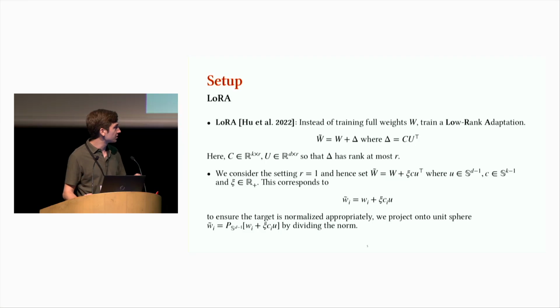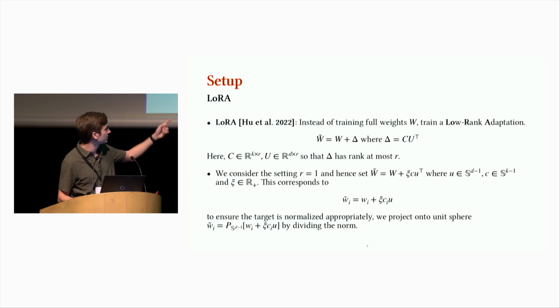For theory purposes, we consider the setting where the rank is 1, so that the target weights are a rank 1 perturbation. You have this weight W, and you add this rank 1 spike, and we normalize it such that U and C, the vectors controlling the matrix direction, are normalized so that this psi parameter gives you how big the perturbation is.